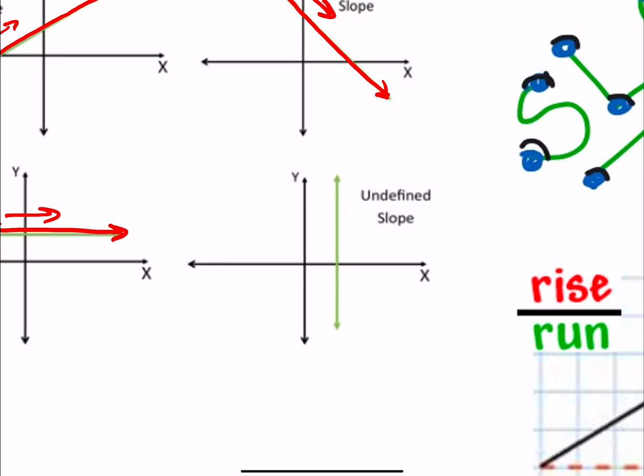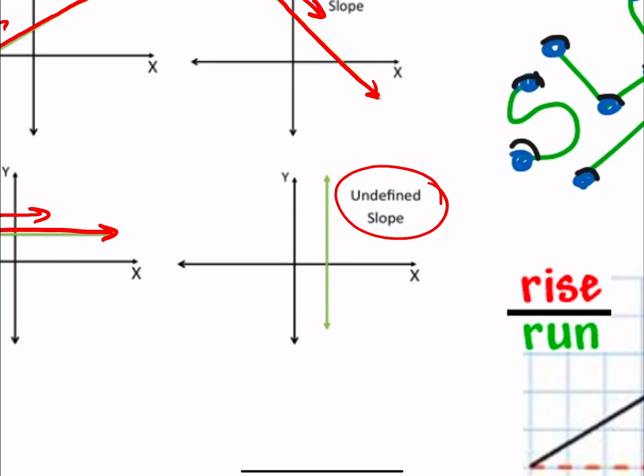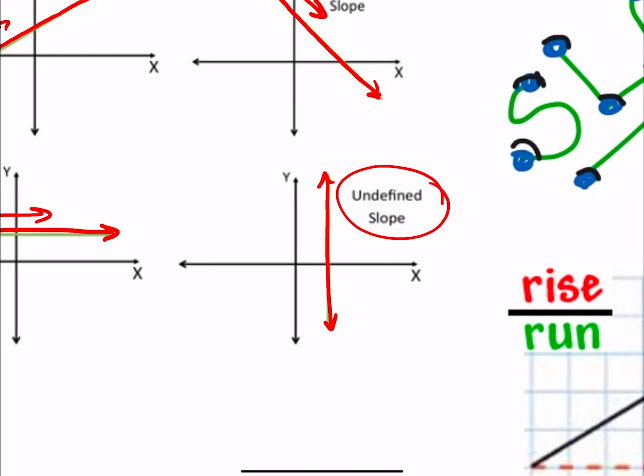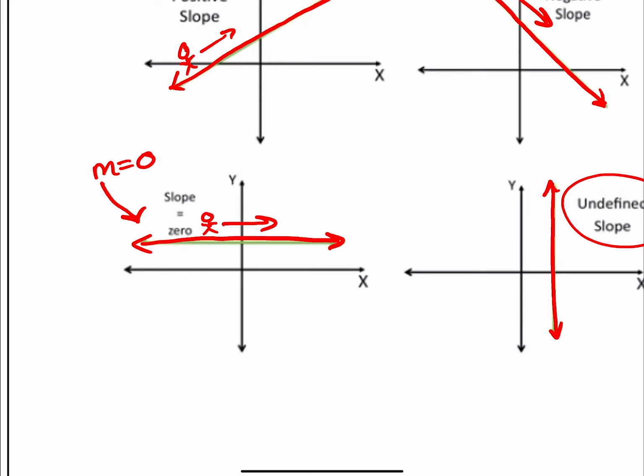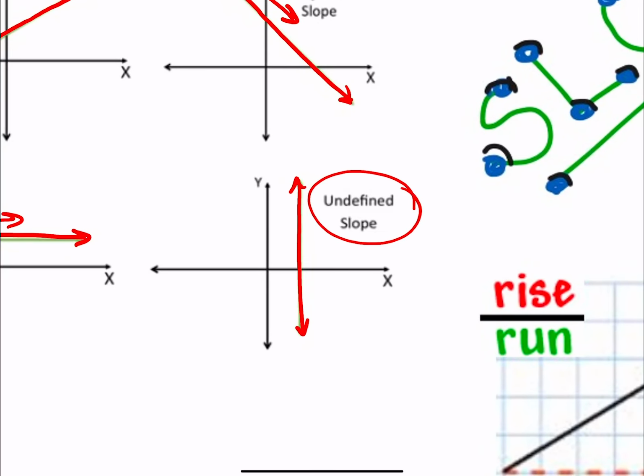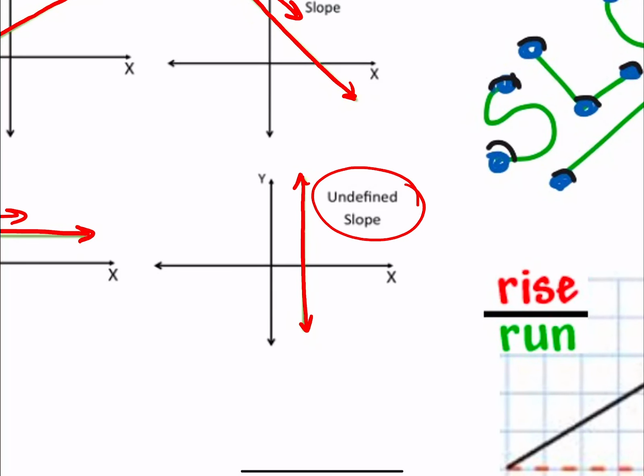And the last scenario we can have is an undefined slope. For an undefined slope, when we start going from left to right, we don't go anywhere. For the 0 slope, when we went from left to right, we stayed in a straight line. We had the same output for every input. But in an undefined slope, for a given input, our output does not change.